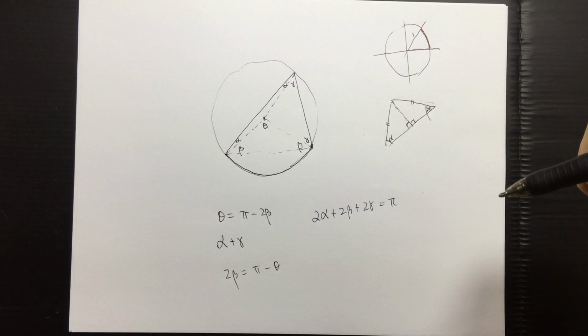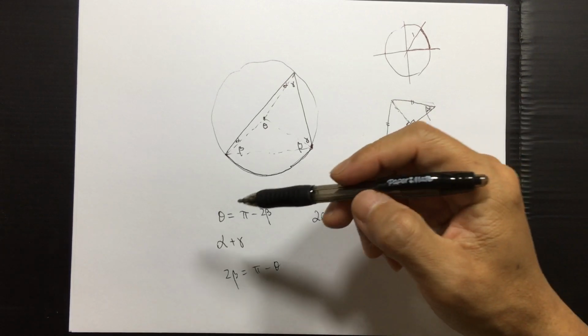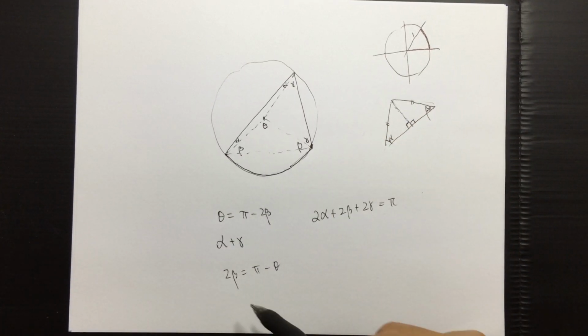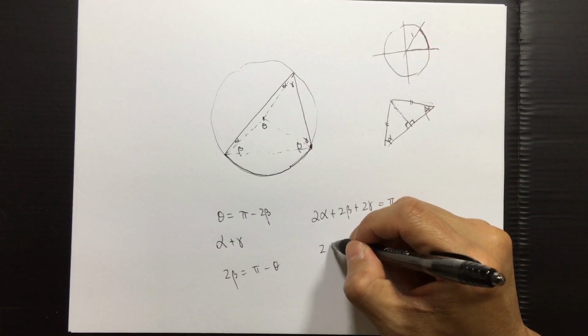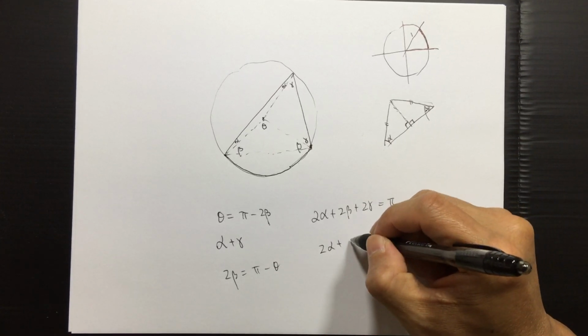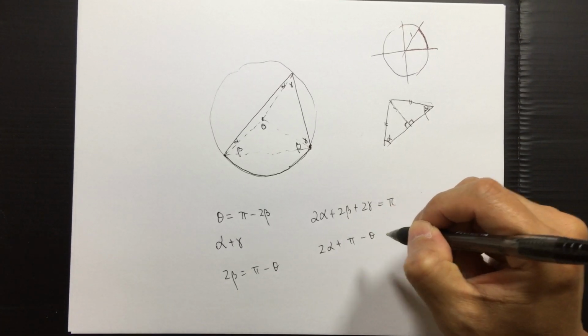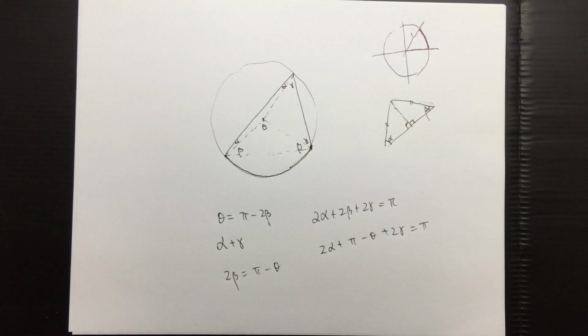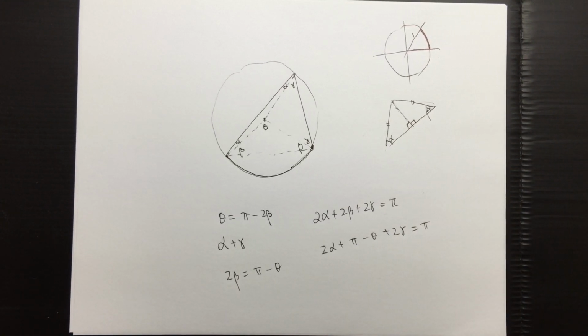Make sense? We'll move the theta from this side to this side, it becomes minus. And we'll substitute this in: 2 alpha plus pi minus theta plus 2 gamma equals pi.